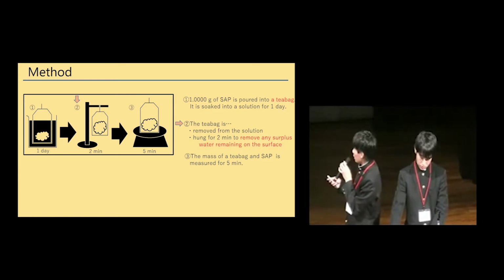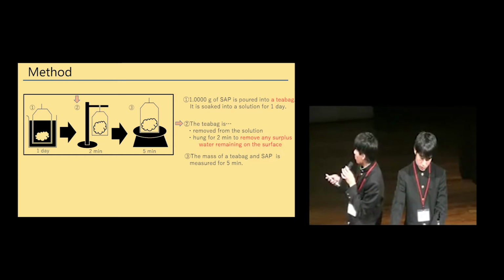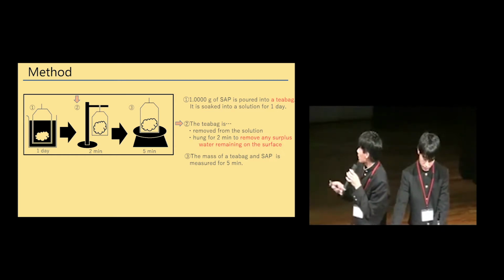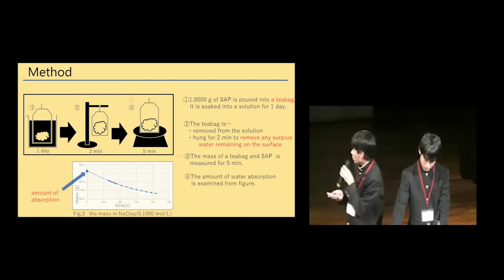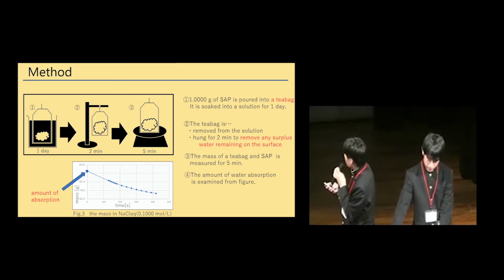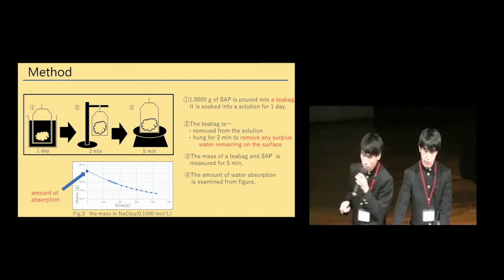Second, the tea bag is hung for 2 minutes until any surplus water remaining on the surface is removed. Third, the mass of the tea bag and the SAP is measured for 5 minutes. By extrapolating the graph, 2 minutes of evaporation is considered, so we can examine the amount of absorption.